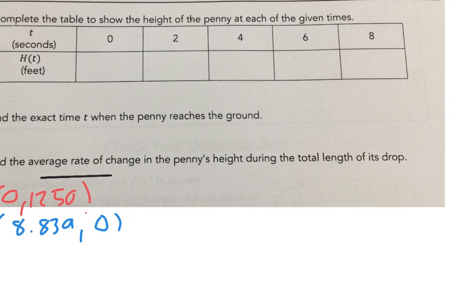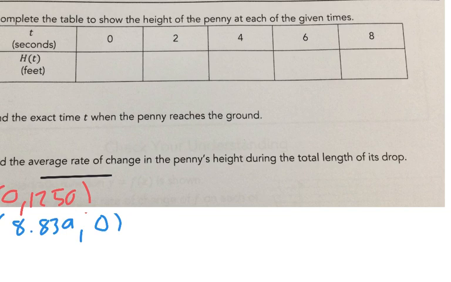If it has to be for the whole ride of the penny, right? Well, it starts at time being 0 and it's at 1250, and it ends at time being 8.839 when its height is 0. Those are the 2 end points, the beginning to the end. That's the entire length of its drop.